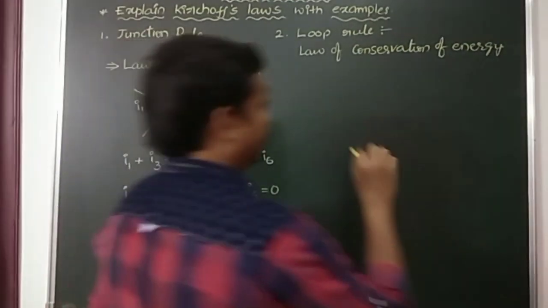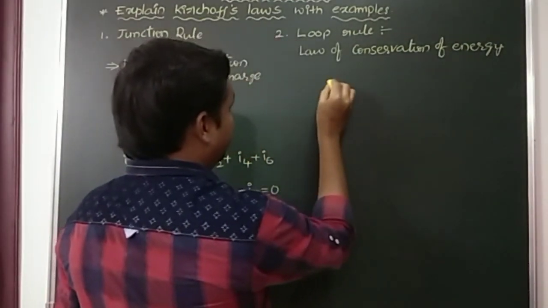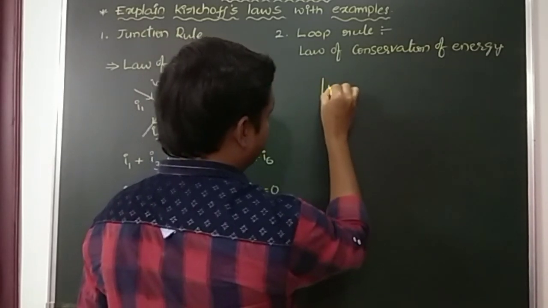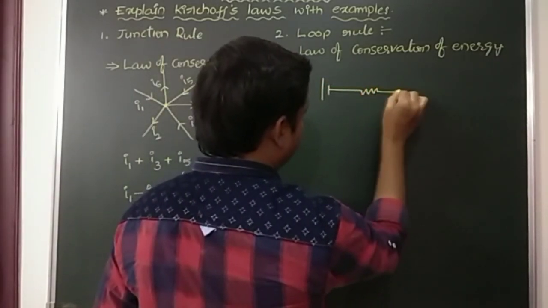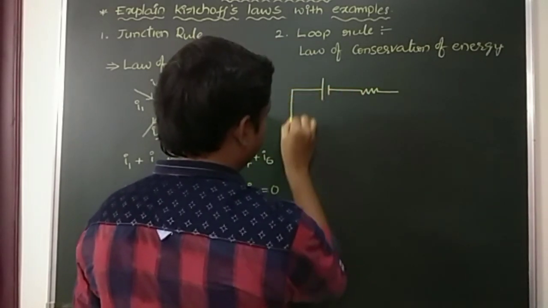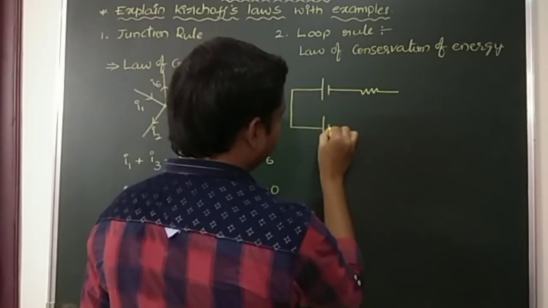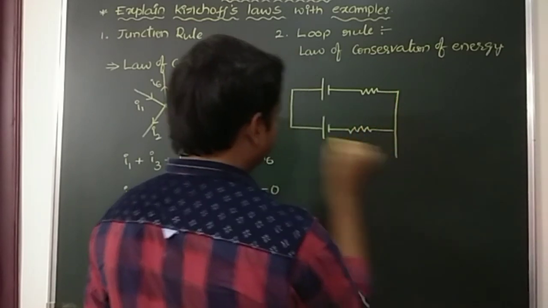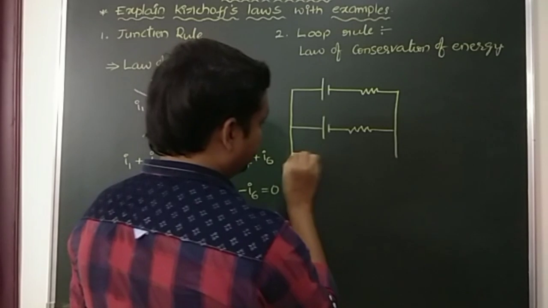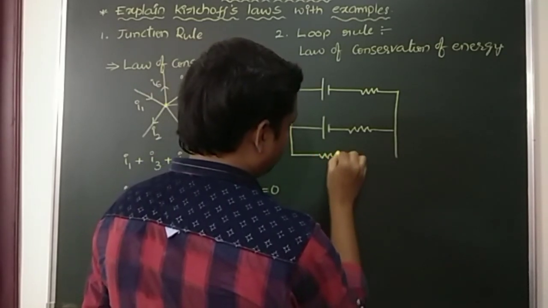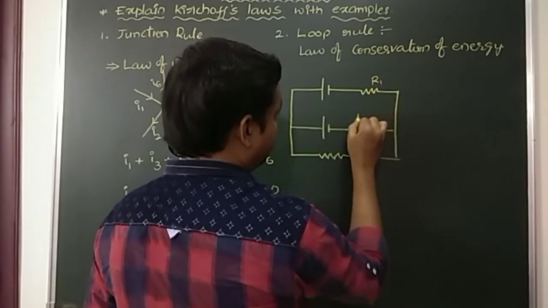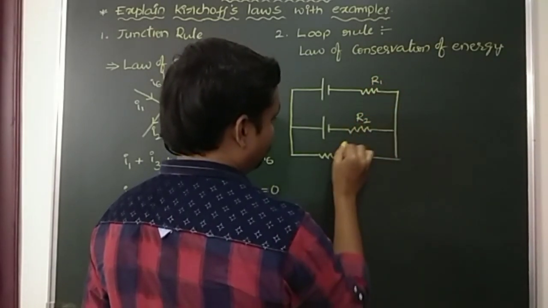Here we are considering one example. Here I am taking one circuit. Here is the circuit I am considering. This is the resistance R1, R2.